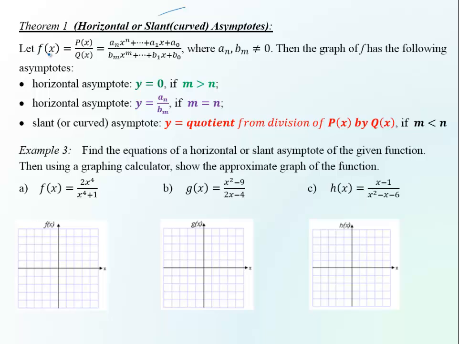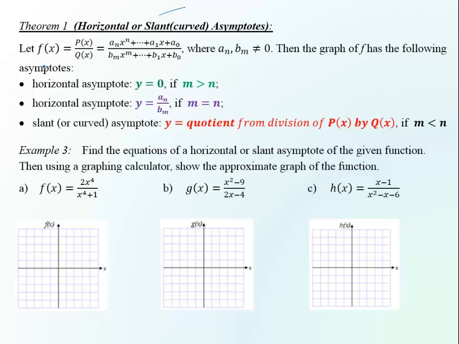So let f of x be any rational function, which means that it can be expressed in this form: some polynomial of nth degree in the numerator and some polynomial of mth degree in the denominator. Now the leading coefficient must be non-zero, because otherwise the degree of the polynomial would be different.